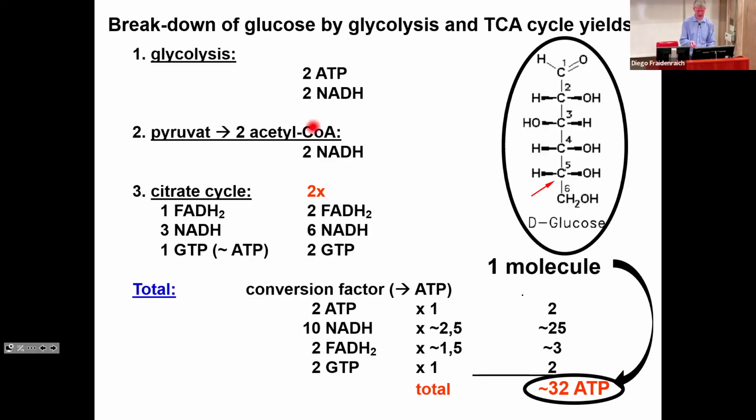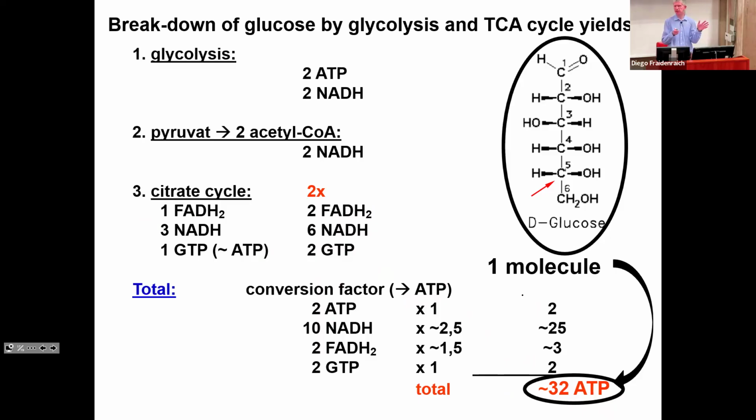So at the end, there would be FADH2, 6 NADH, and 2 GTP generated, for example. So at the end, you would generate about 30 ATPs.